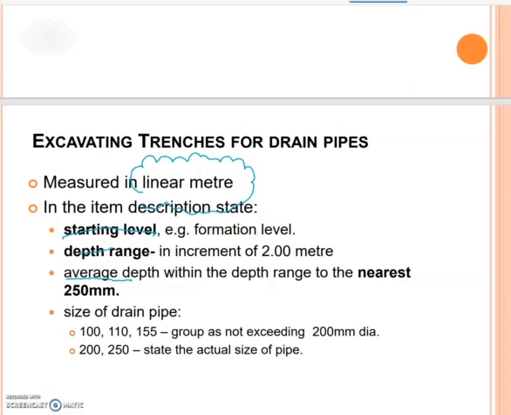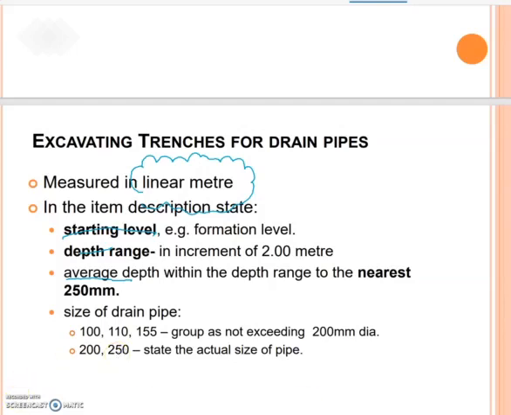So if the pipes are not exceeding 200, they must be separated in a different description. For instance, here we have like 100, 110 and 155, so it should be grouped together under 200. And if you have 200 nominal size and 250, it should be described in its own description.